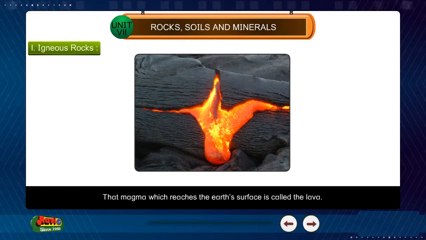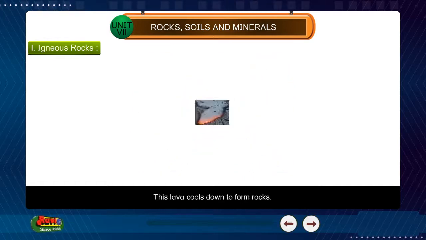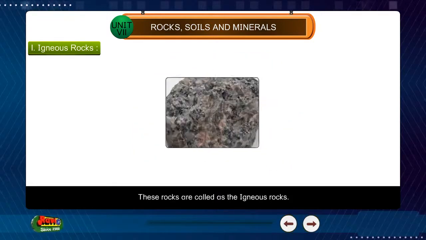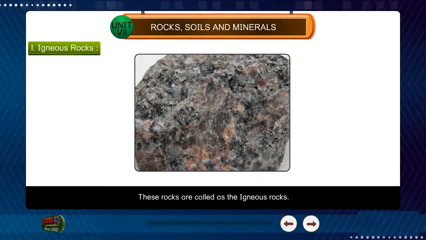That magma which reaches the earth's surface is called lava. This lava cools down to form rocks. These rocks are called igneous rocks.